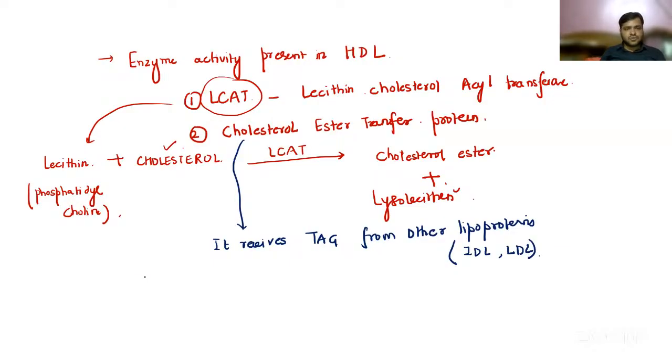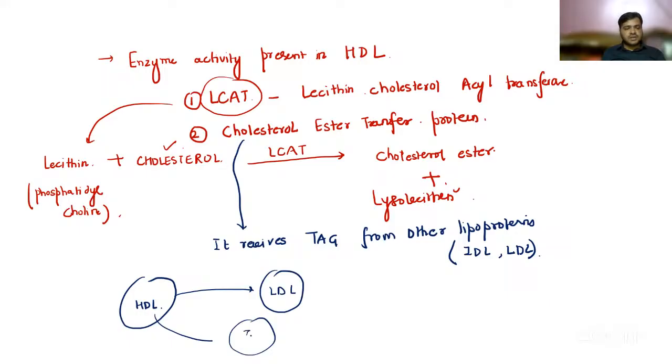If let us suppose this is HDL, HDL is the one that transfers cholesterol ester. Now this enzyme, cholesterol ester transfer protein, will be transporting this triacylglycerol to the low density and intermediate density lipoproteins.